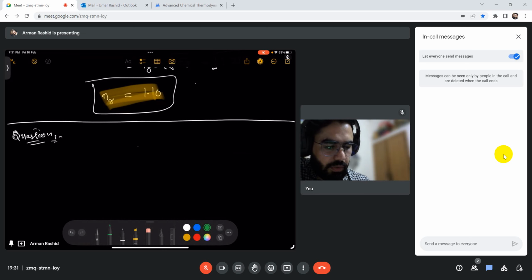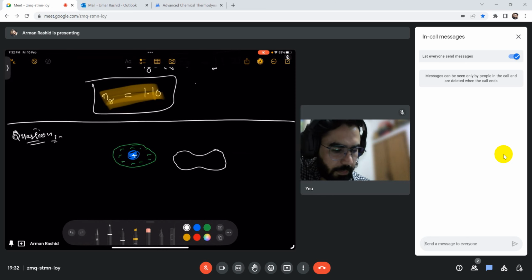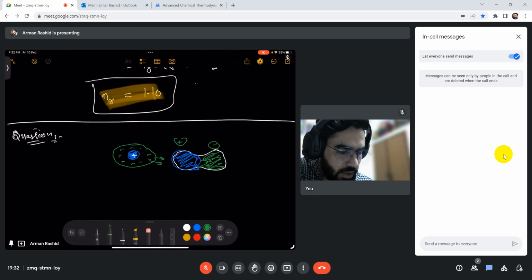If we have a system like this, all of this is negatively charged, and inside it is a positively charged species. Right now the dipole moment is 0, but once we bring another dipole, with this end positively charged and this end negatively charged, the positive charge will attract the electrons towards itself and the negative end will repel them.